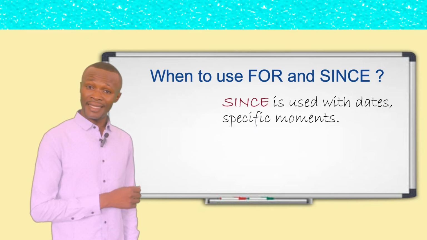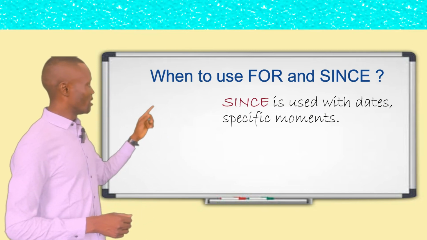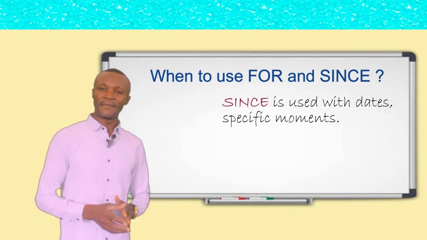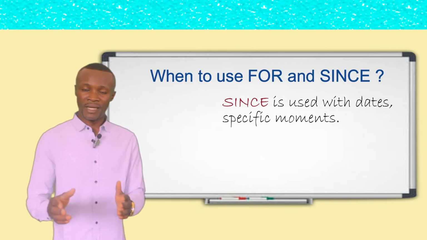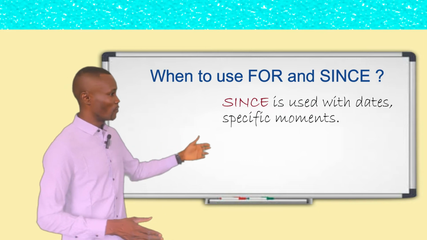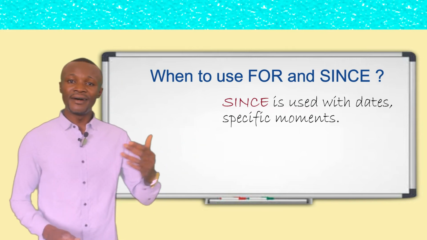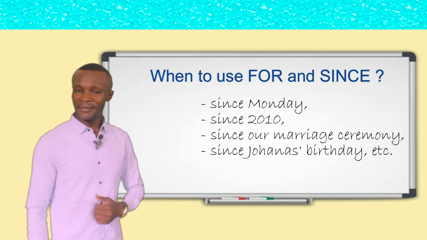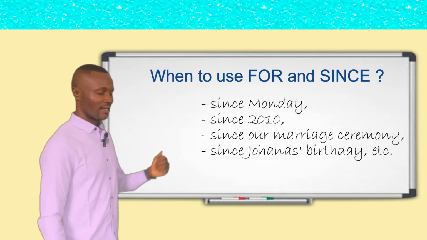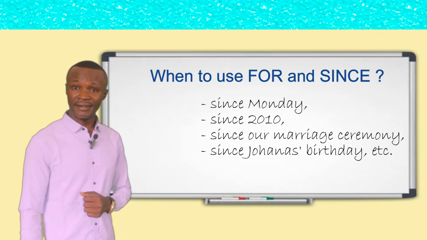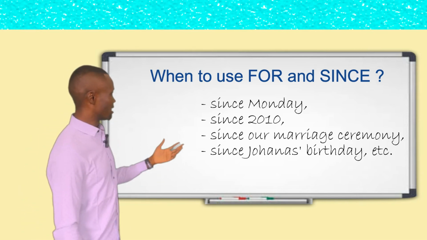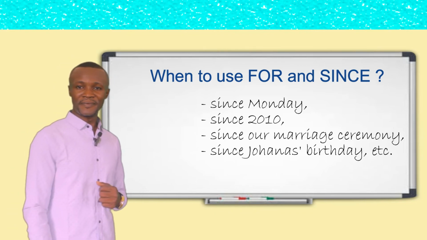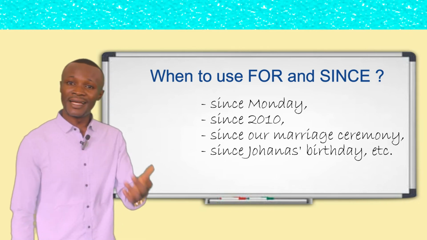But when we use since, we use a date. It may be a date. It may be a specific moment. So here, since is followed by a point in the past. It may be since Monday, since 2010, since our marriage ceremony, since Joanna's birthday.